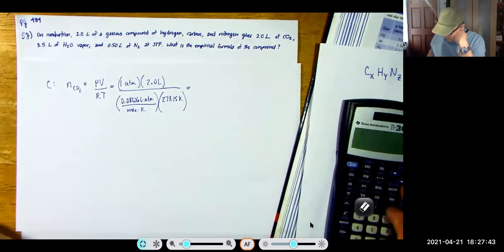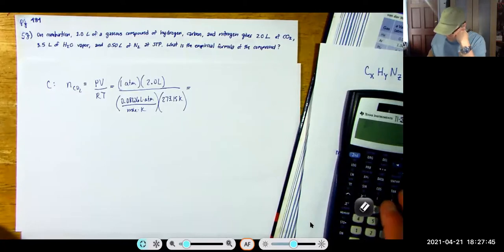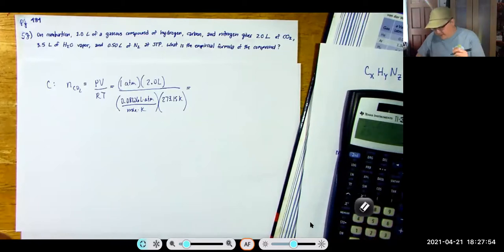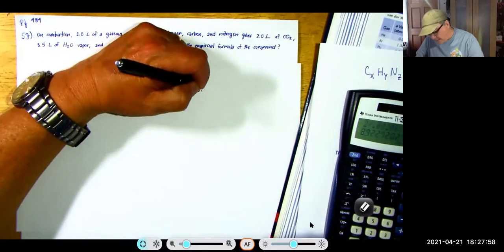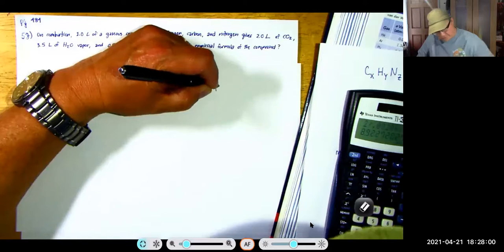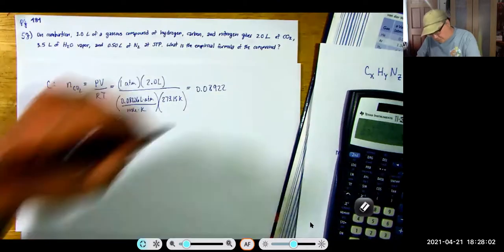So let's see what we get. 2 divided by 0.08206 and also divided by 273.15. Now this is equal to 0.08922 moles of CO2.